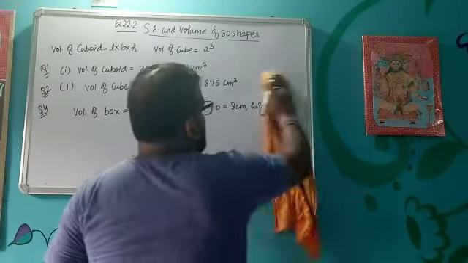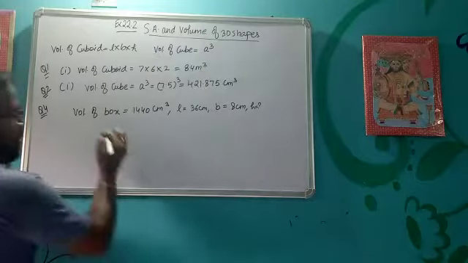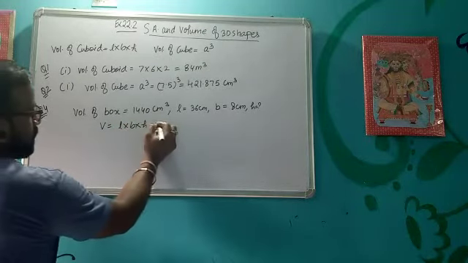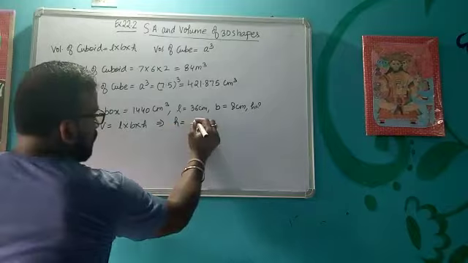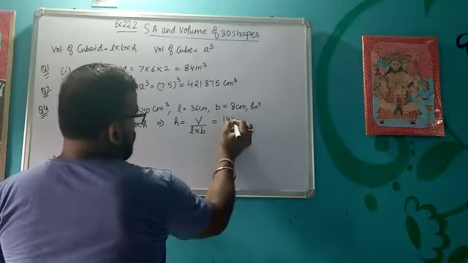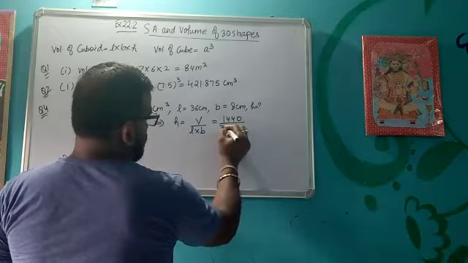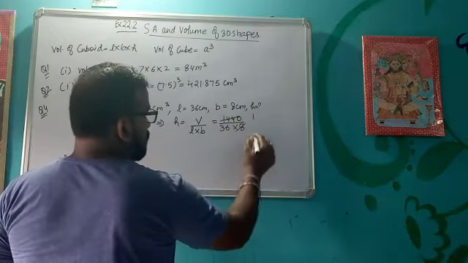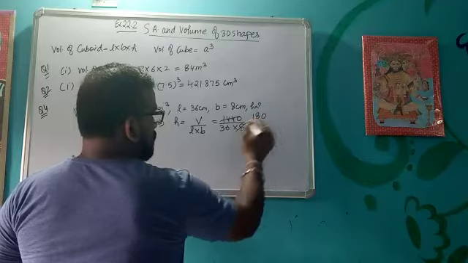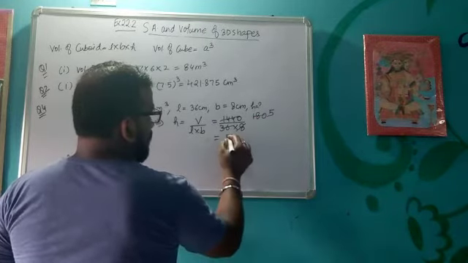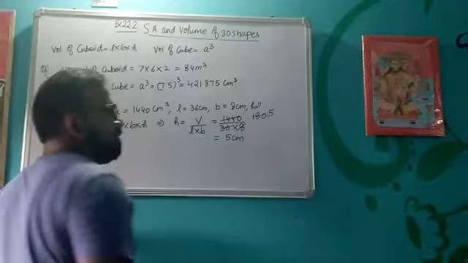Okay. So what is volume? L into B into H. So that will give you height equal to V upon L into B. So height is 5 centimeter.